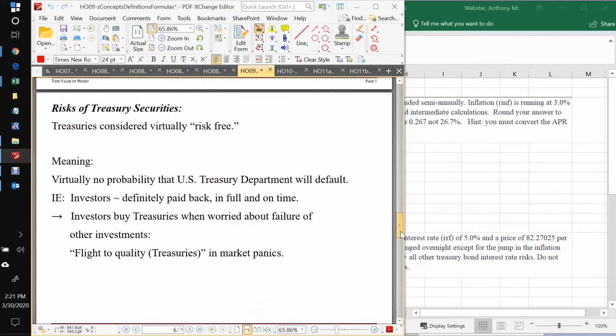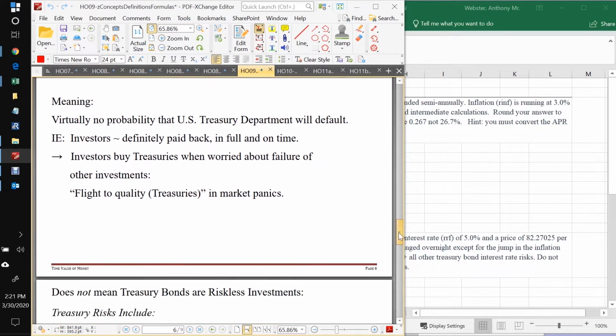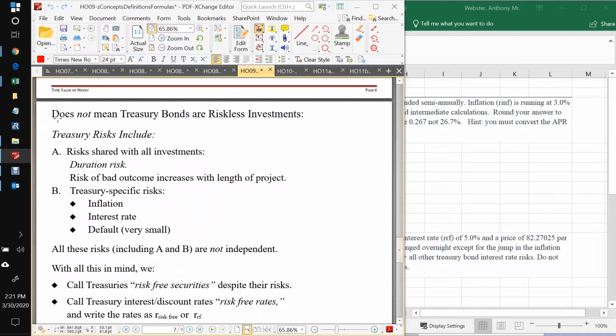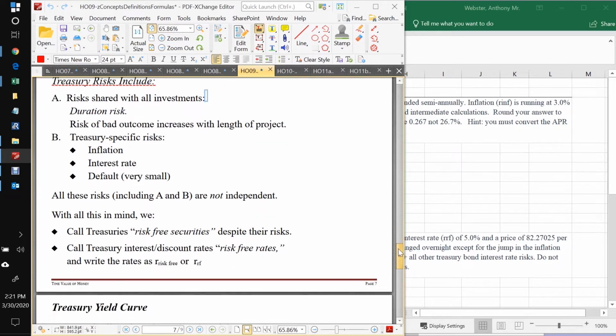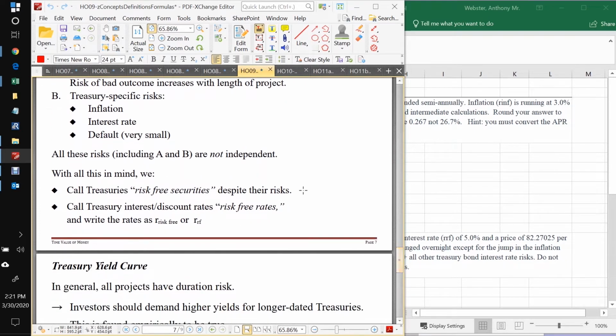Second important takeaway from this chapter is that treasuries are called risk-free, but they do have some risk, right? There are risks in treasuries. They have risk that is shared with any investment. That's duration risk. The longer treasury you buy, the more interest rate you would expect to get from that, because the farther out you go, the higher probability of a bad outcome there is, even for the US government, et cetera.